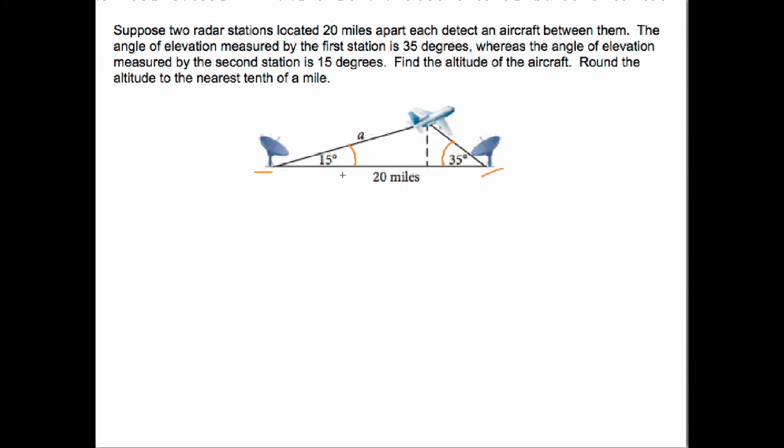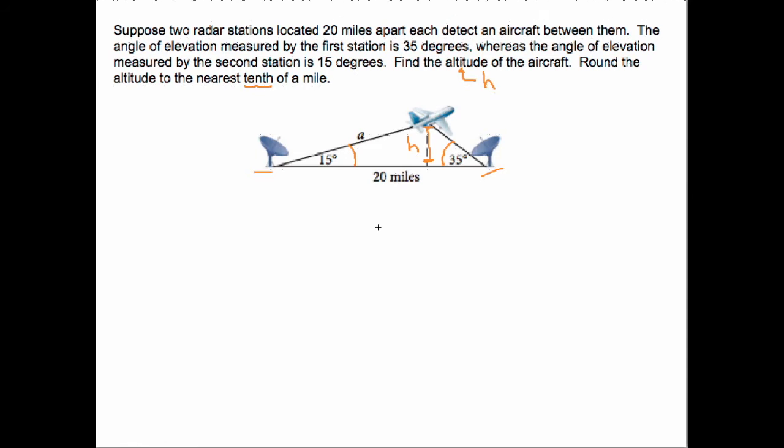Find the altitude of the aircraft, and I'll call that altitude H, and I'll show H right here. We'll round the altitude to the nearest tenth of a mile. So as we go through the calculation, we'll actually round to the nearest hundredth of a mile until we get to our final answer.